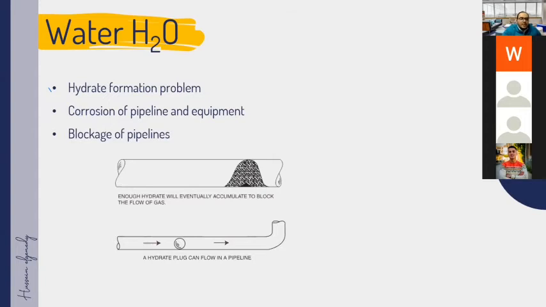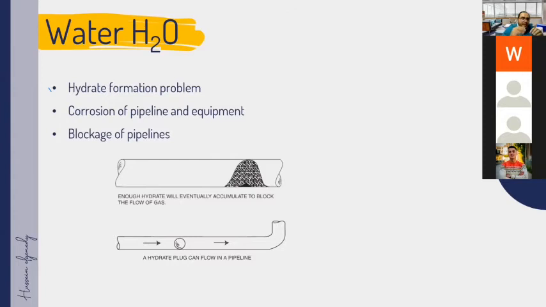They reduce the volume of the pipeline, so you cannot take all the production from the pipeline.